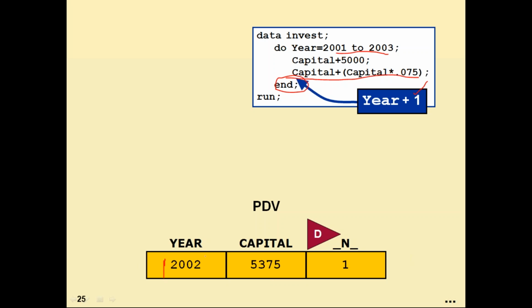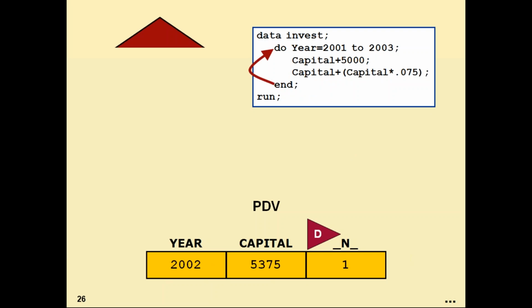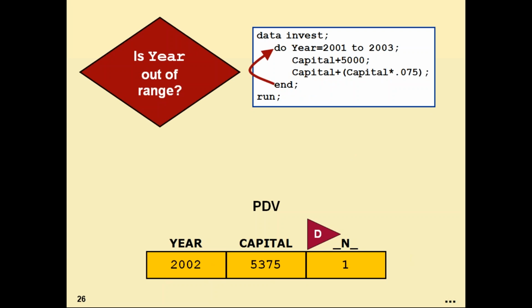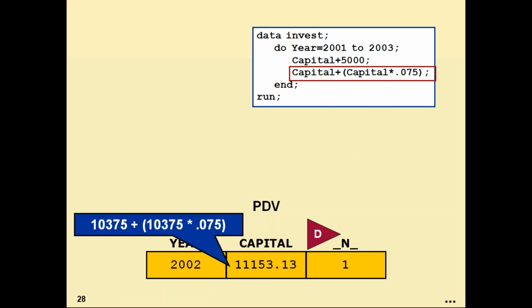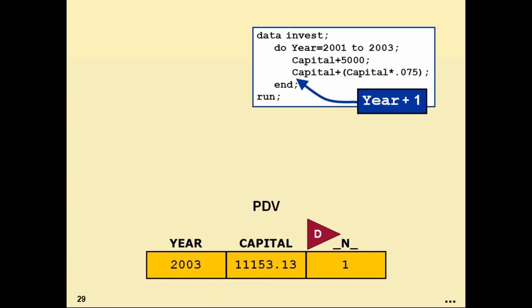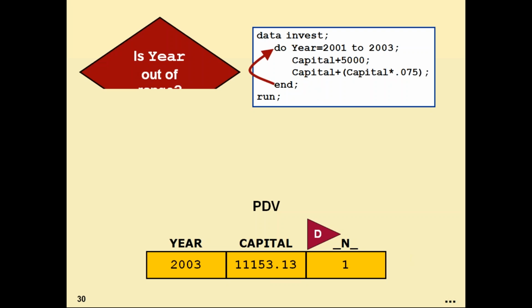Next, it will check the condition whether it is out of range or not. If it is true, it will execute the statements again. And for some reason this _n_ is not changing, it is still showing 1, but it will change actually. Okay, that is not 1, that is 2.